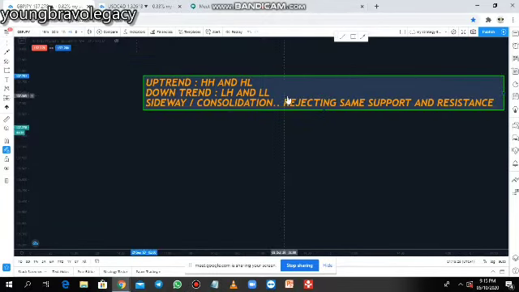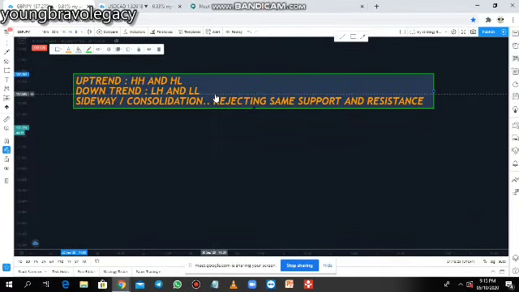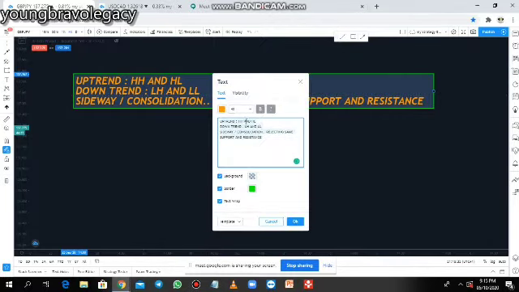Okay, so we said what the structure of an uptrend is: higher highs and higher lows. Let me write it there because some people might say they don't know what this HH means. This is higher high, higher high, and higher high. Let me put this in brackets.